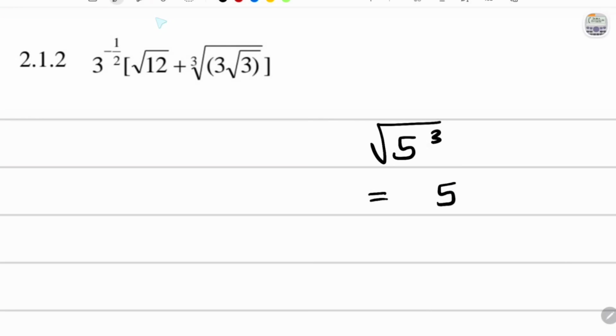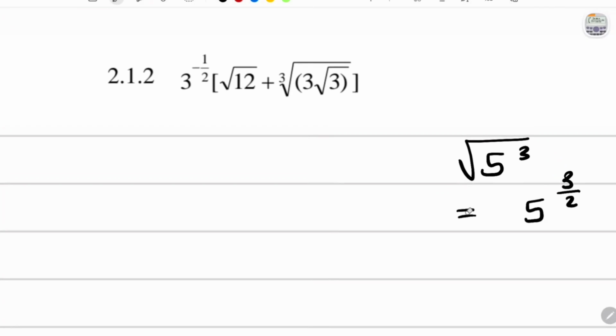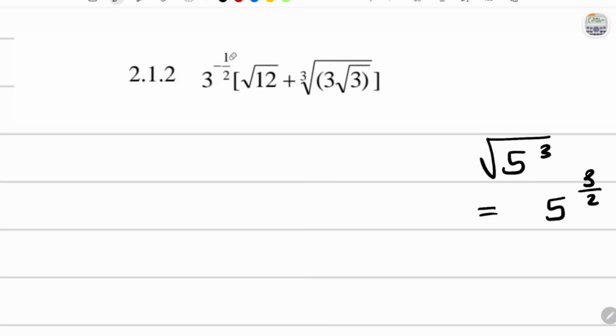You take the inside exponent, which is the 3, divided by the outside exponent. The outside exponent in the square root is actually an invisible 2. So it's actually 3 over 2. So 5 to the power of 3 over 2 is the exact same thing as the square root of 5 to the power of 3. Just like that rule works, we can use that to put this back into a surd.